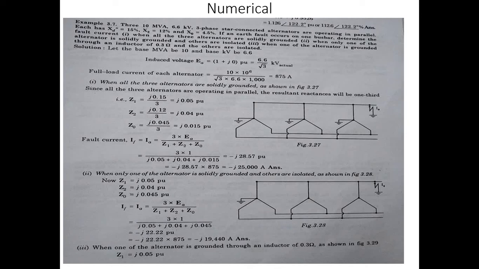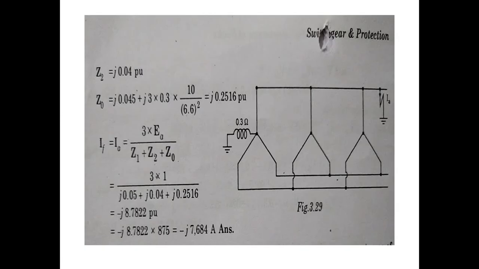And what is the last condition? When one of the alternators is grounded through an inductor of 0.3 ohm, that is, in the grounding wire they have added a 0.3 ohm inductor. So refer to diagram 3.29. Suppose we consider that the alternator is the first one only, then 0.3 ohm is added in the neutral wire.